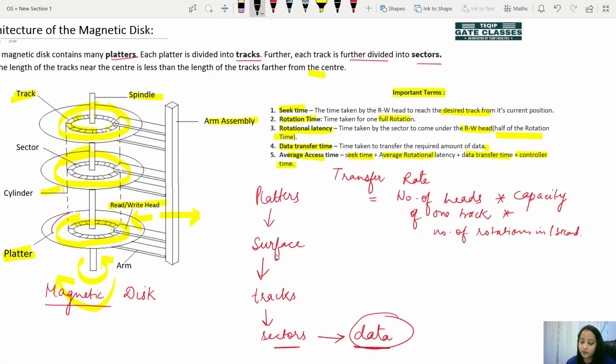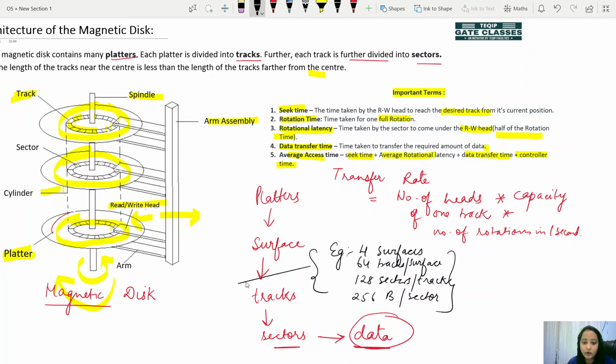Suppose consider a hard disk with four surfaces, 64 tracks per surface, then 128 sectors per track, and 256 bytes of data per sector are given. You have to calculate the disk capacity.